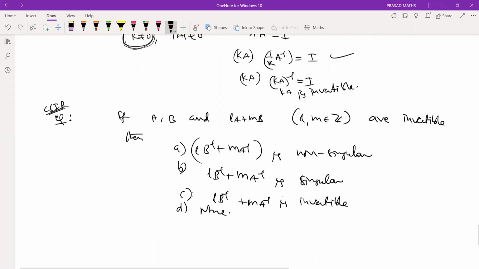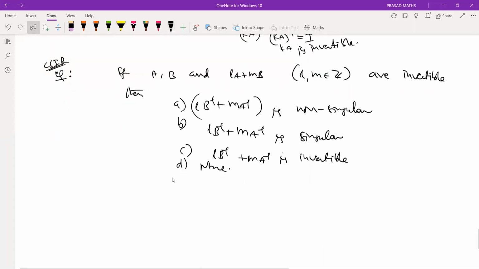Now tell me. What you are given is A, B, and LA plus MB. All are invertible.